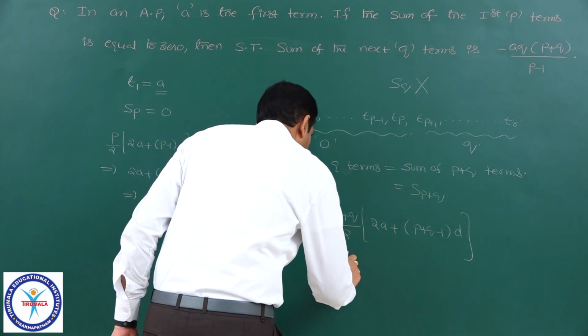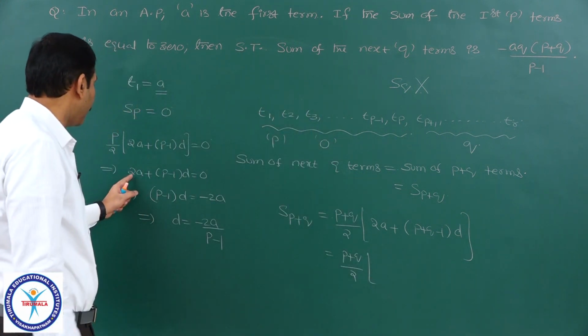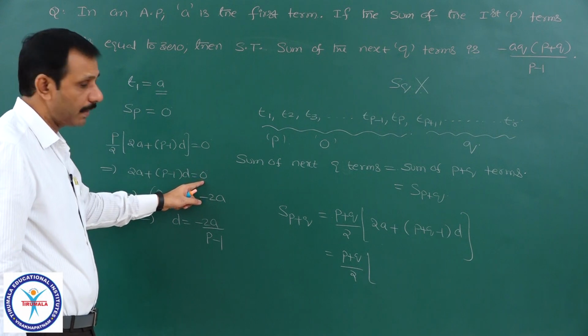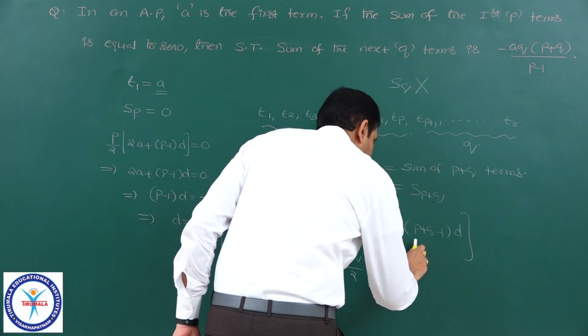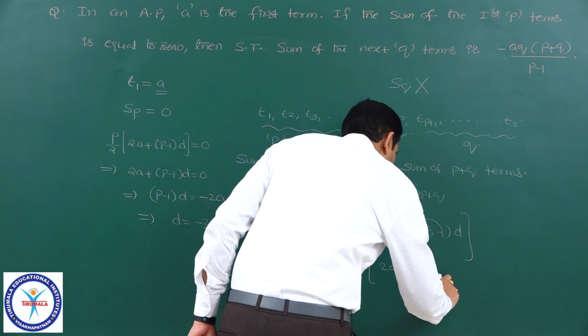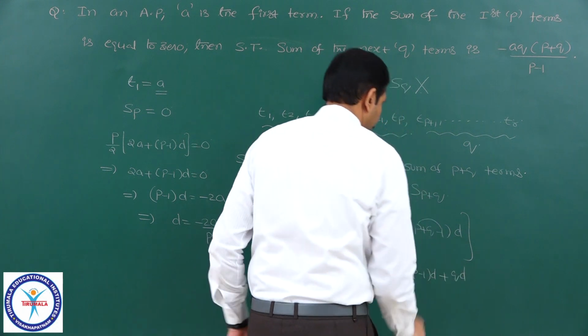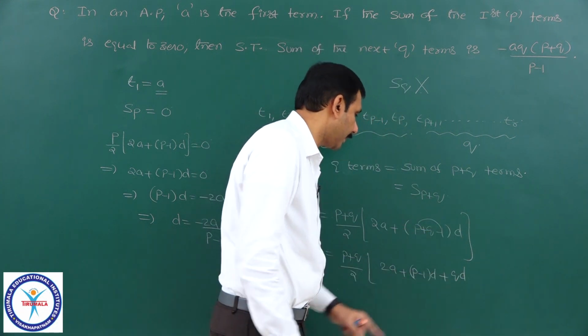It is equal to (p plus q) by 2 into, here we have 2a plus (p minus 1) into d, plus I will write qd separately. Hope you can understand. (p minus 1) into d plus qd.